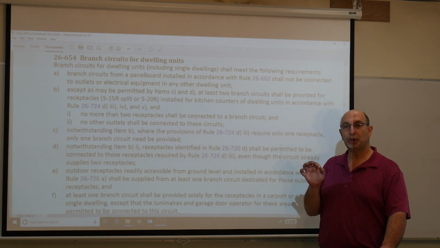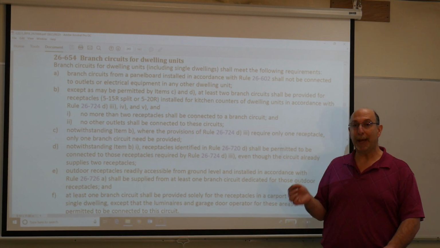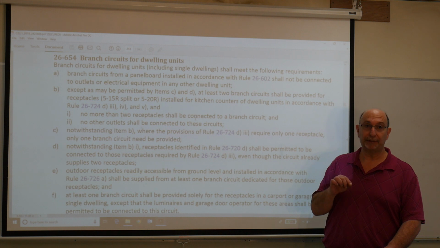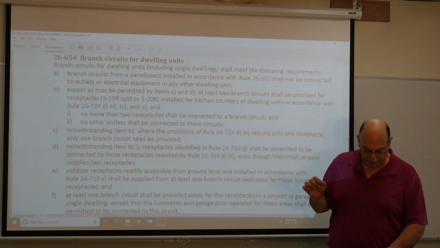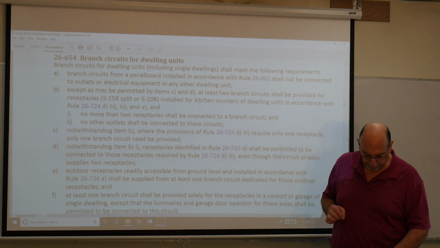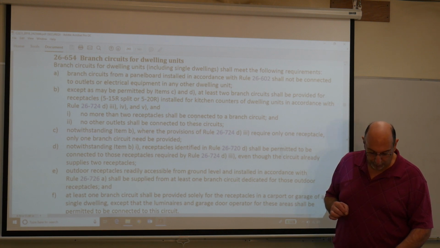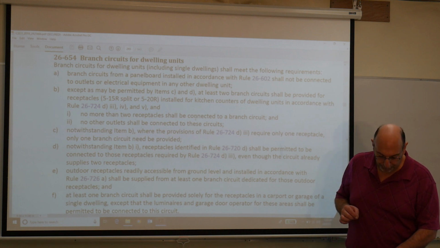So you still have your choice. Nothing's saying you can't go back to the 3-wire 15 amp splits for kitchens, but that's the rule. You could read Subrules C and D yourself.